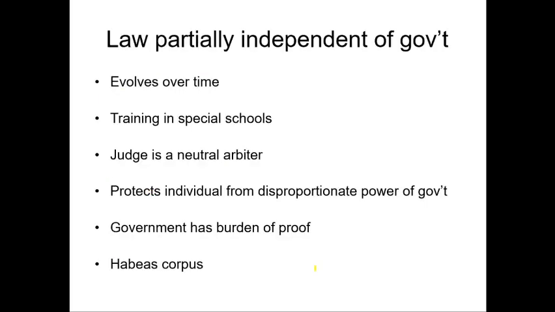Now, the law is designed to be partially independent of government for a reason. We have three separate branches, obviously. We've got the executive branch that the president is over, and we've got the legislative branch, where Congress is basically the main piece of that branch by making the laws.